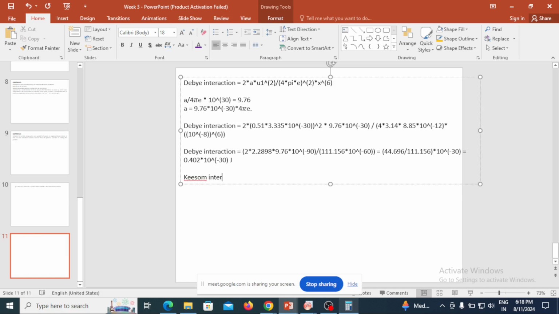So what will be the formula for Keesom interaction? It will be 2/3 times (mu1 mu2) whole squared, but here both the molecules are the same, so it will be mu1 power 4. I will write it this way: 2 times mu1 power 4 divided by 3 times kBT.